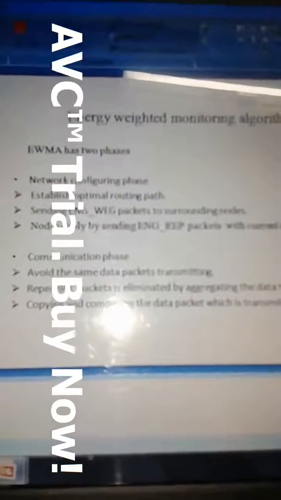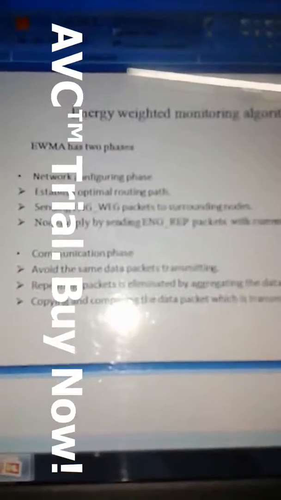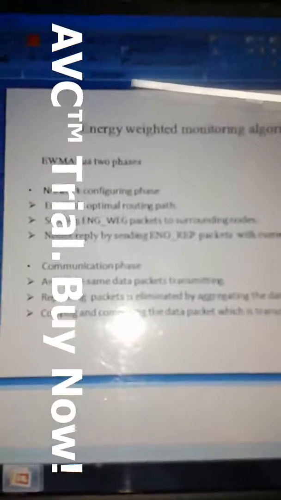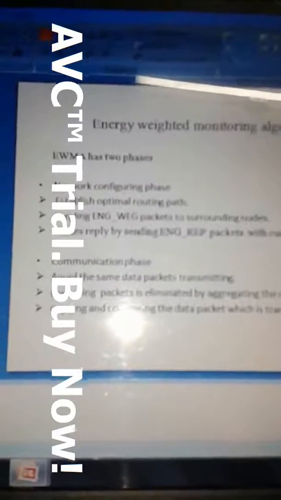After the neighboring nodes get the energy weighted packets, they reply with an energy reply packet to every node. After that, it establishes the current energy level. Using the current energy level, it establishes the optimal route for sending the packets to the destination.